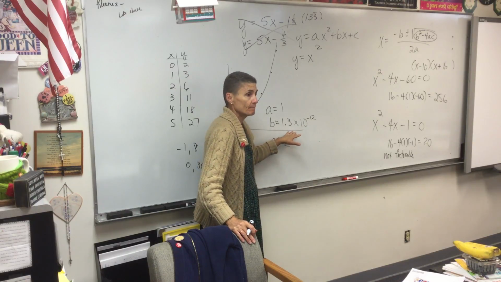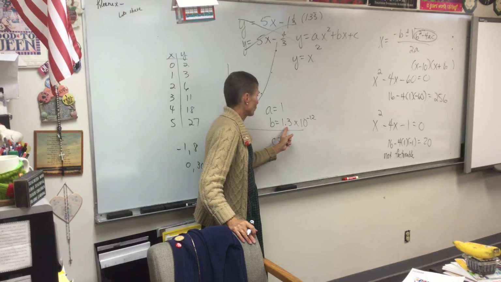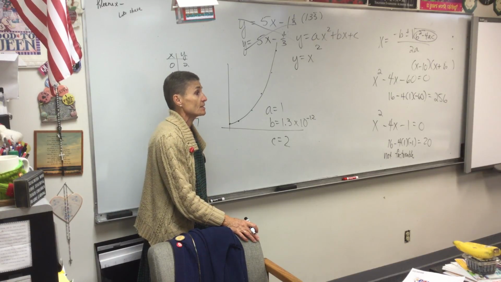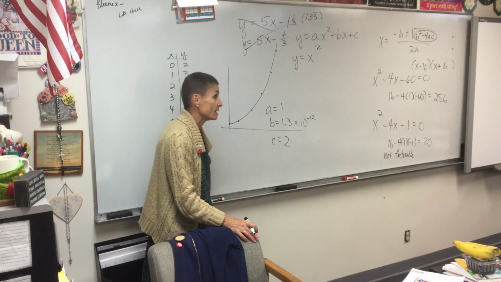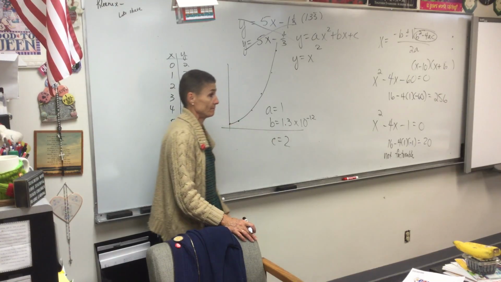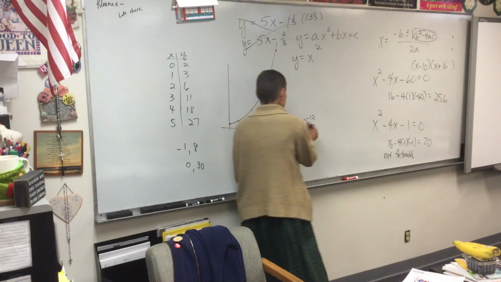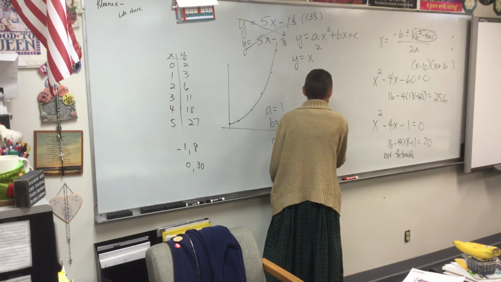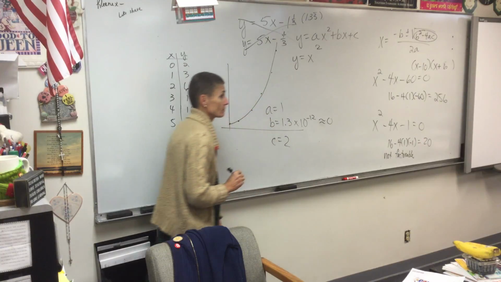Something like that. Tell me about the number 1.3 times 10 to the negative 12th. It's really, really tiny. For all practical purposes, what is that? 0. So anytime you get something like that, let's call it 0.